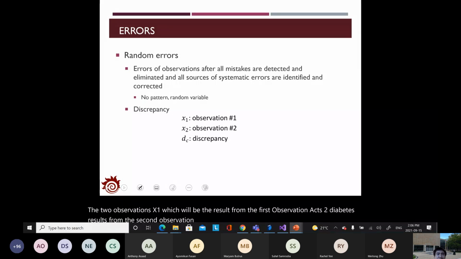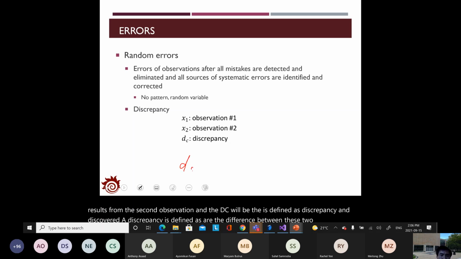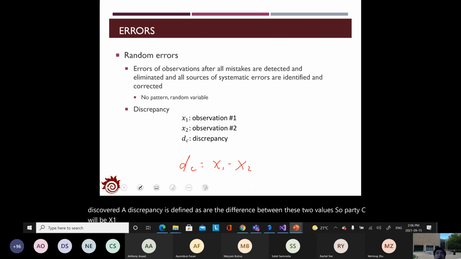The discrepancy DC is defined as the difference between these two values. So DC will be x1 minus x2. It always shows how far the two observations are from each other.